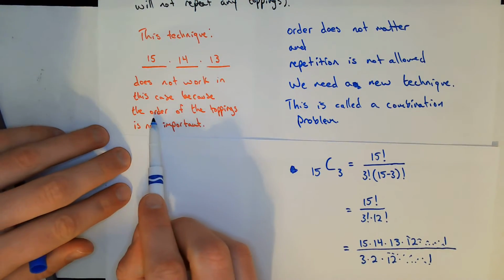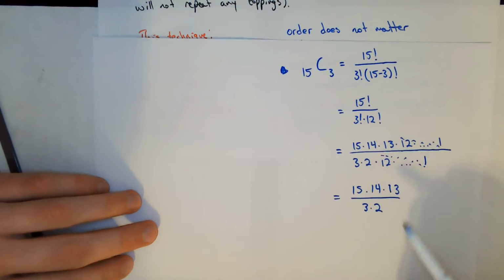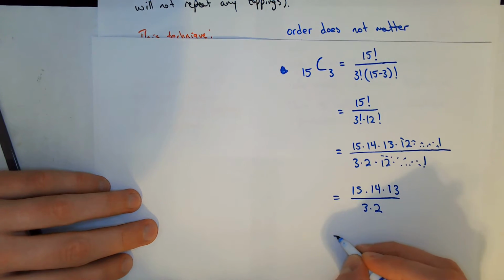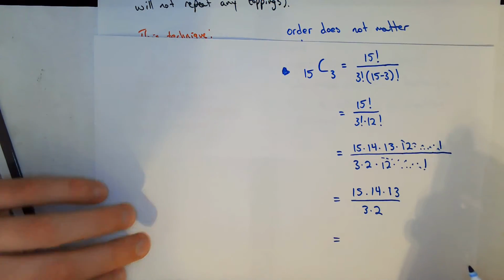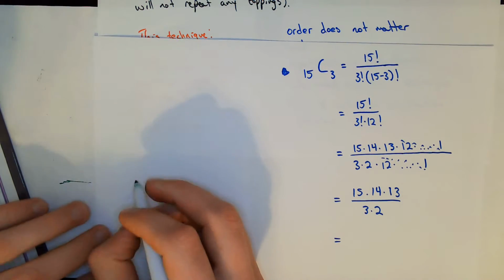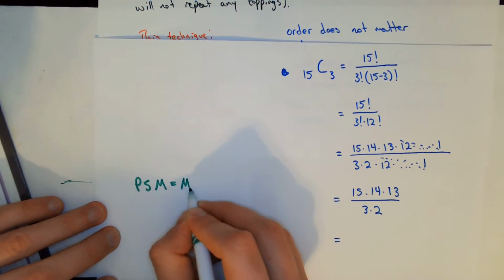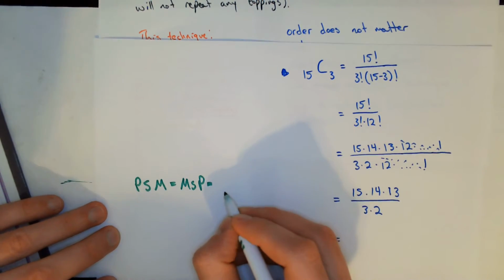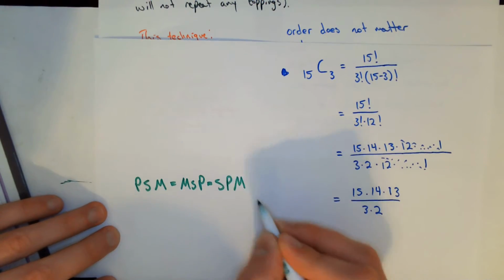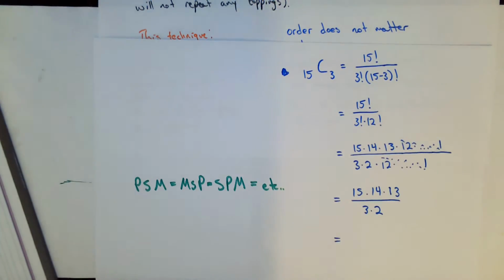It's the order of the toppings not being important that's happening. Dividing by 6, because that's what 3 times 2 is, takes care of those things that we don't want to double count. So this divided by 6 takes care of things like having pepperoni, sausage, mushroom being the same as mushroom, sausage, pepperoni, being the same as sausage, pepperoni, mushroom, and so on.